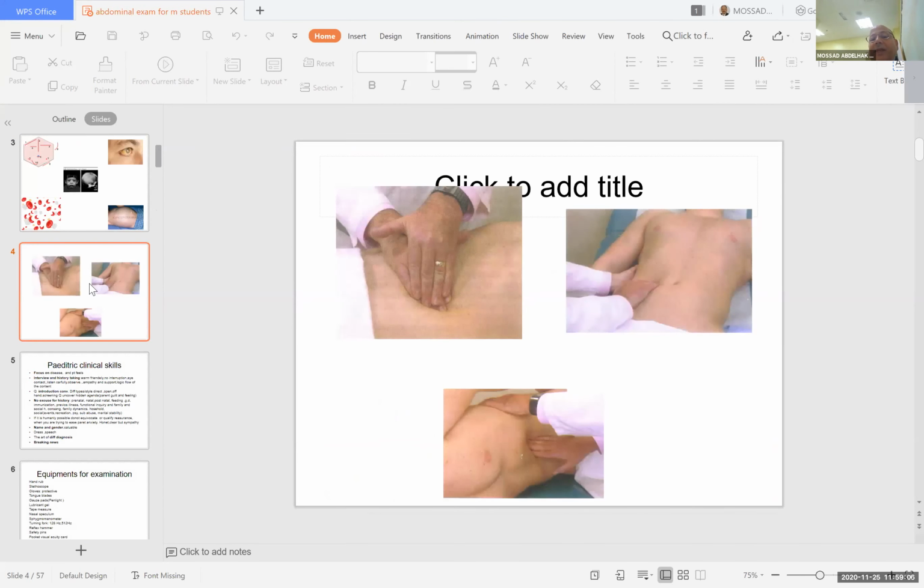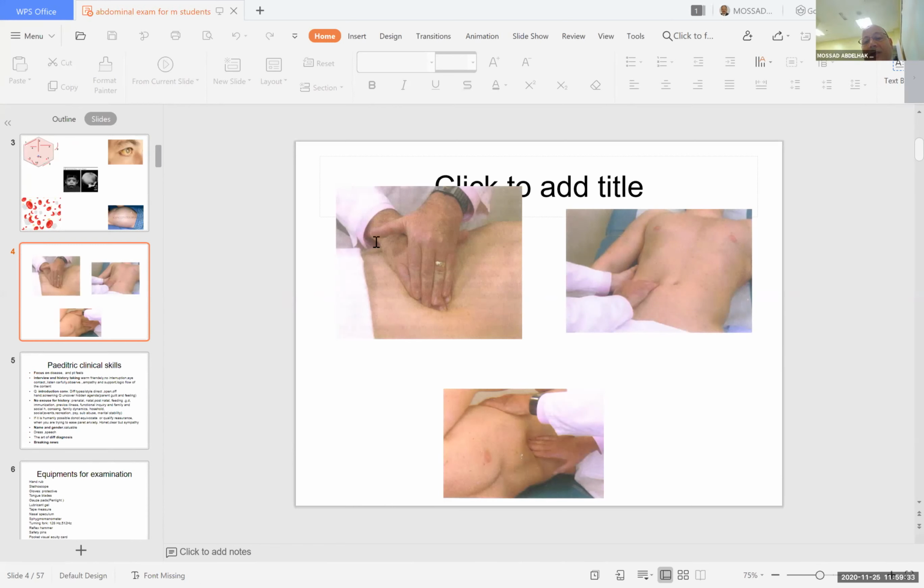This is how to be soft and try to make the patient relax to be able to examine this organ, which is this one, the liver. This one is the spleen.